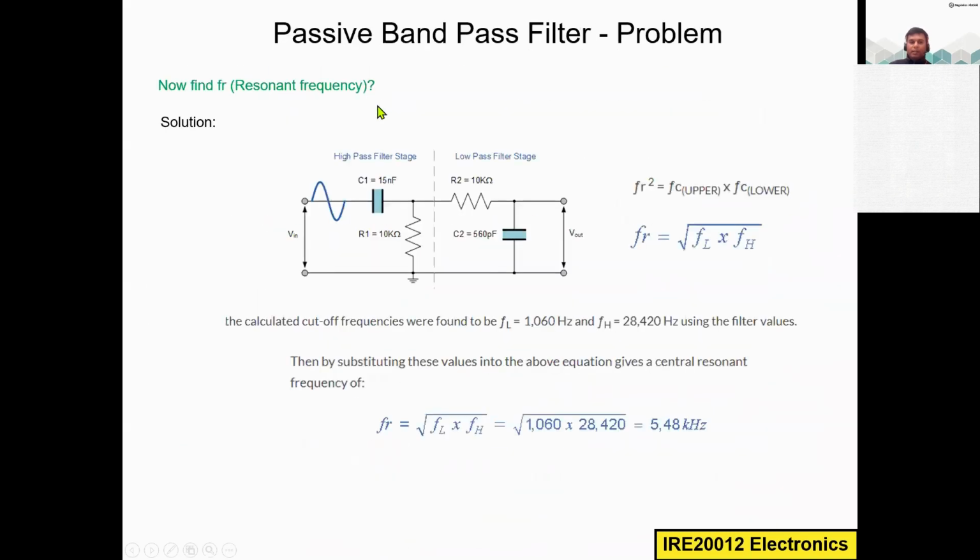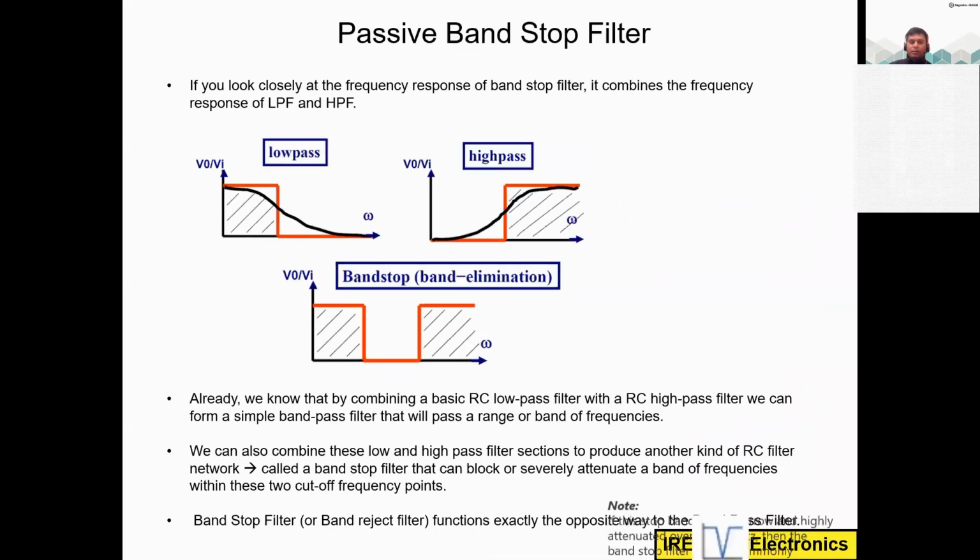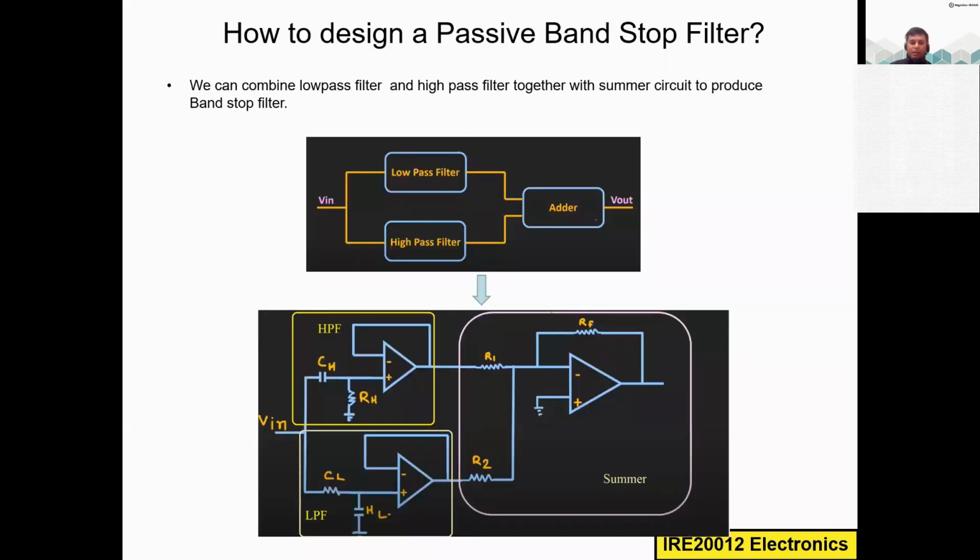But here in the band stop filter, we are just combining these two filters, but together with an adder circuit or summer circuit. So we already know how the summer circuit works. We had seen it in the operational amplifier applications, right? So in the op-amp applications, we had seen the operation of the summer.